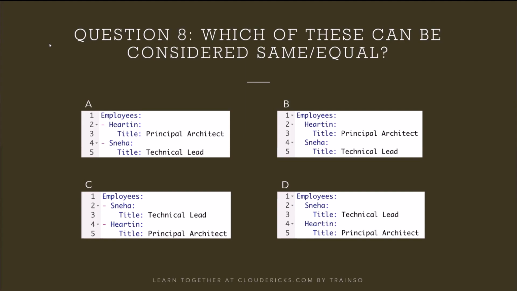When you implement maps in most of the programming languages, ordering does not matter. A very common map implementation in many programming languages is called a hash map. Even if this Hartin, Sneha and all are represented by arrays, the hash map or the hashing function will not go through one by one from array index 0, 1, 2, 3, etc. Instead, it will pass Hartin to a hash function, and that hash function will return the exact location of Hartin.